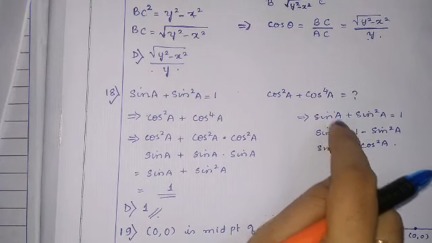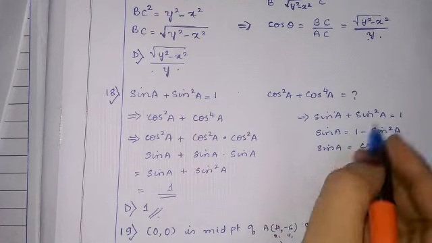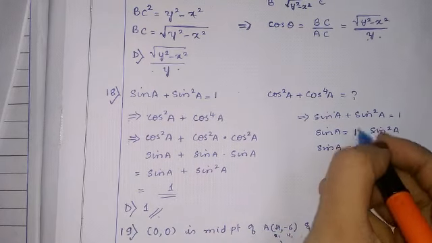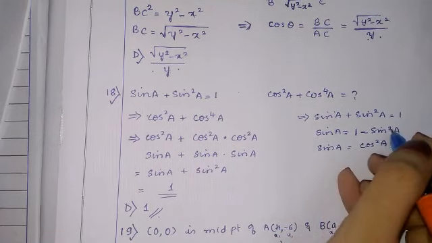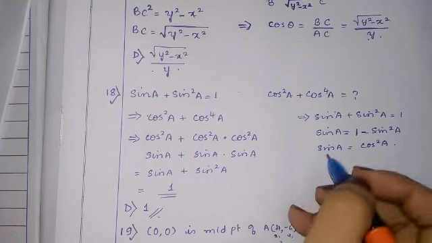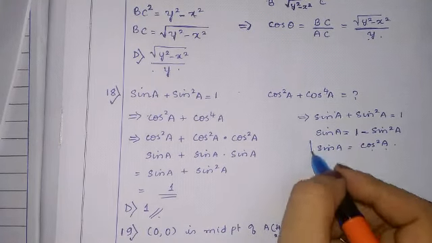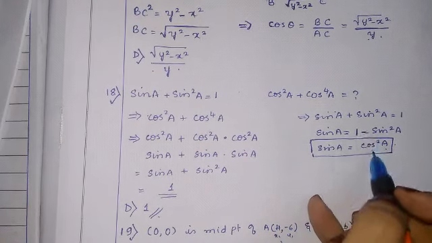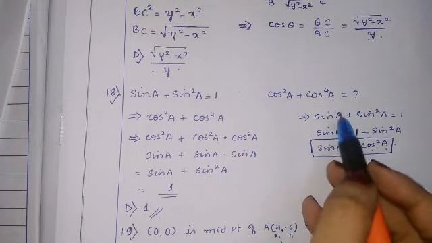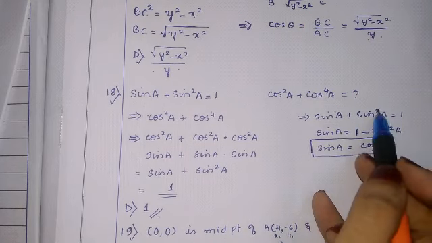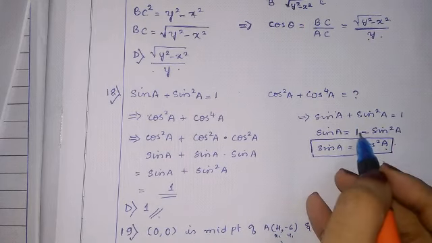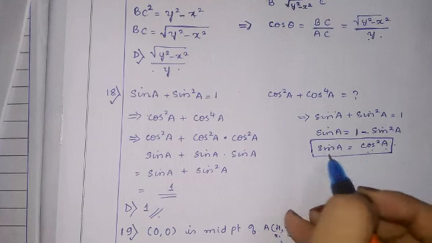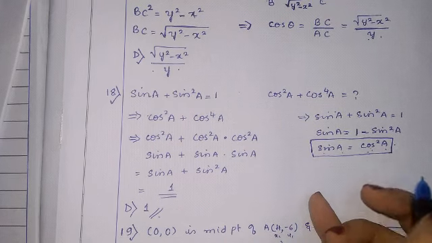So sin A is equal to 1 minus sin square A. And we know 1 minus sin square A is cos square A. So what we got is sin A is equal to cos square A.